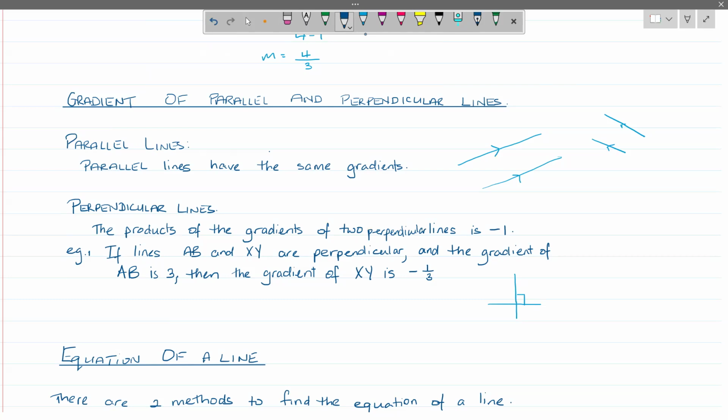In order for that to happen, their gradients are the negative inverse of each other, the negative reciprocal of each other. What do I mean by that? If the gradient of one line is 3, then the gradient of the other line is found by changing the sign and flipping the number. So for example, if the gradient of one line is 2/3, and the other line is perpendicular to it, then it will have a gradient of -3/2.